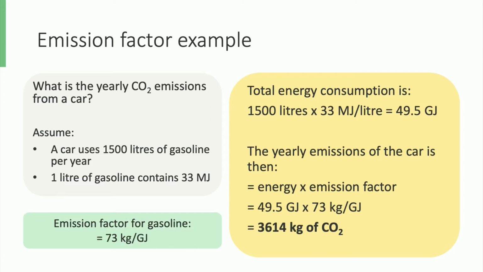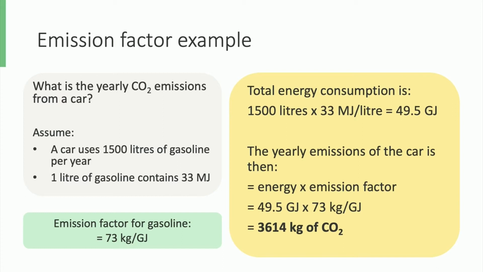Now we need the emission factor for gasoline, which is 73 kilograms per gigajoule. We then multiply the energy value with the emission factor for gasoline. We see that driving your car for 1 year will produce 3,614 kilograms of CO2, a bit more than 3.5 tons.